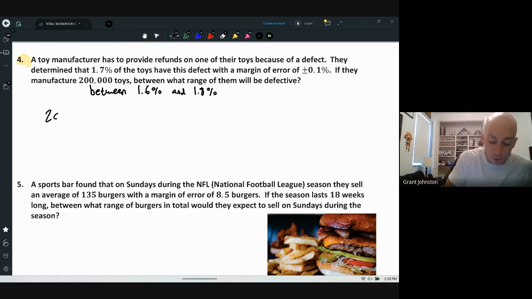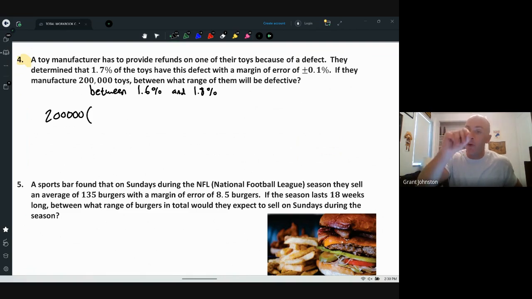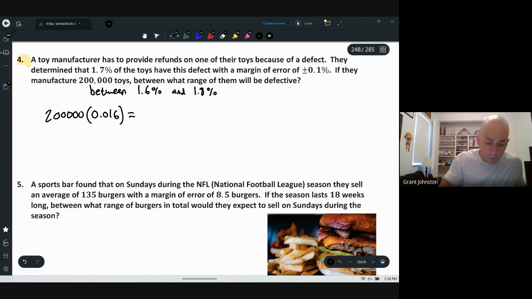So I would do 200,000 times, remember I got to change that 1.6% to a decimal. So I would move the decimal point over twice or divide it by 100. So this is going to be 0.016. I got 3,200.